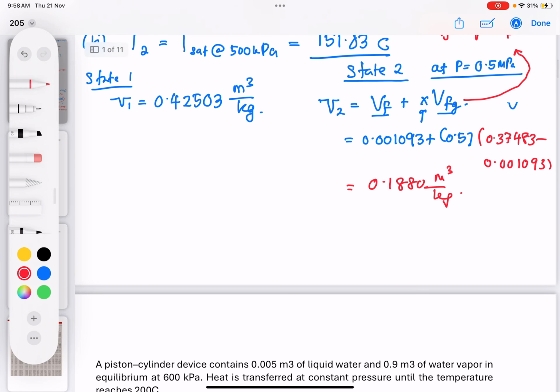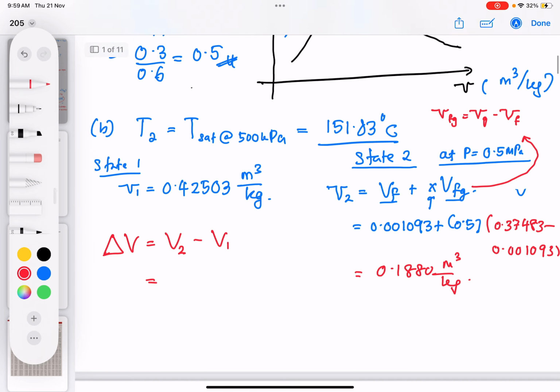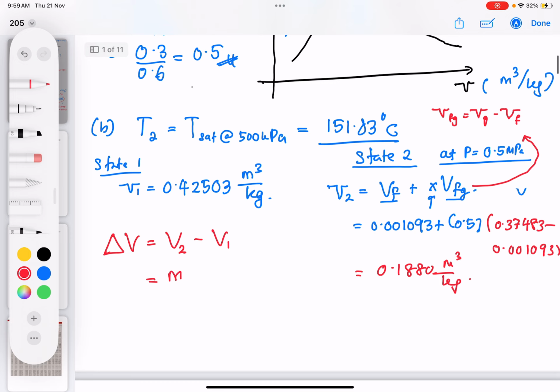And then the question asks for the change in volume. Change in volume is equal to volume at state 2 minus volume at state 1, and the volume at state 2 is simply mass multiplied by specific volume at state 2 minus m times specific volume at state 1.